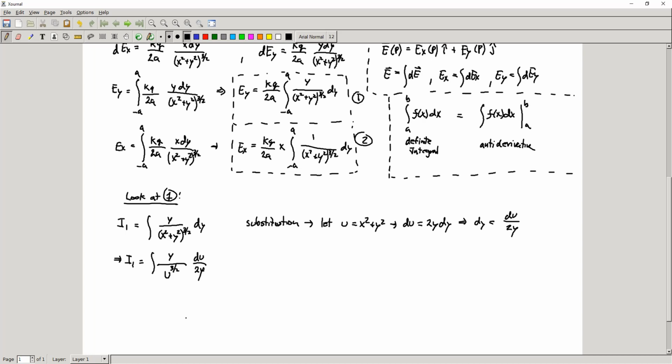And so these y's are going to cancel. We're going to end up with, I can factor out this factor of 1/2, right? And we're going to end up with du over u to the 3 over 2. And because we're applying the power rule in reverse here to solve this integral, I find it easier to write it as a negative power, so I'm going to write it like this.